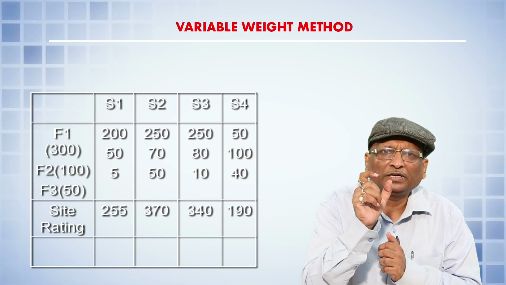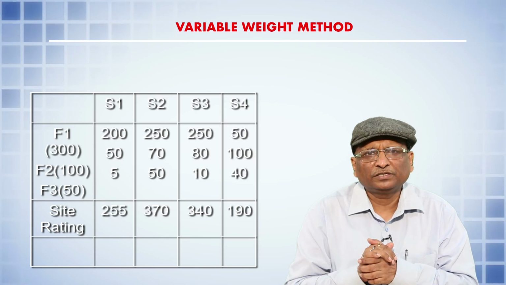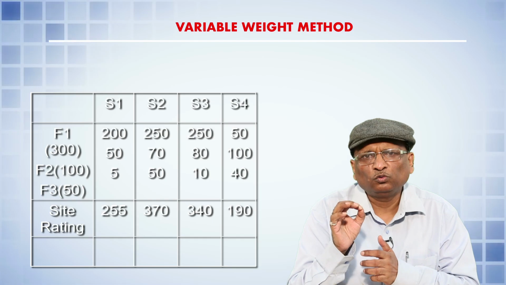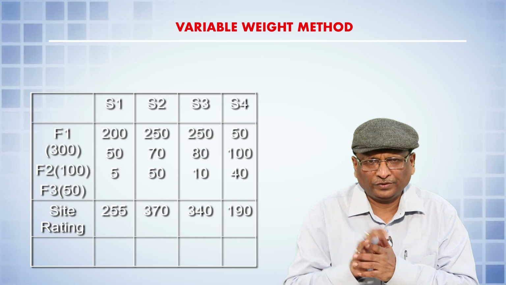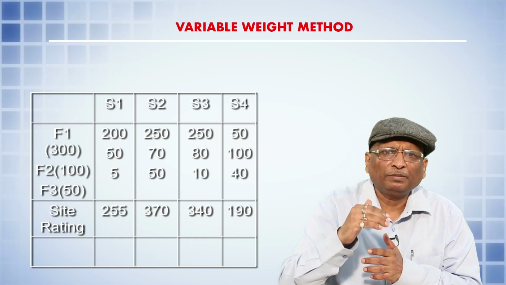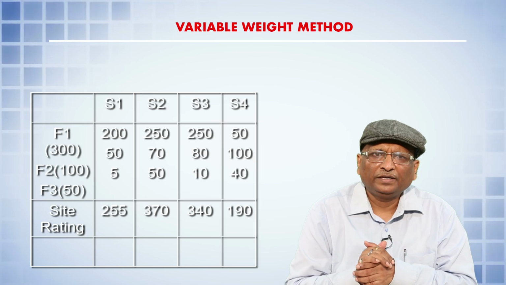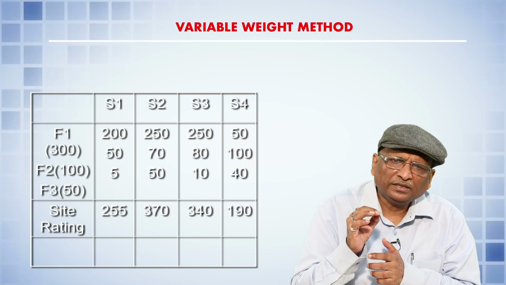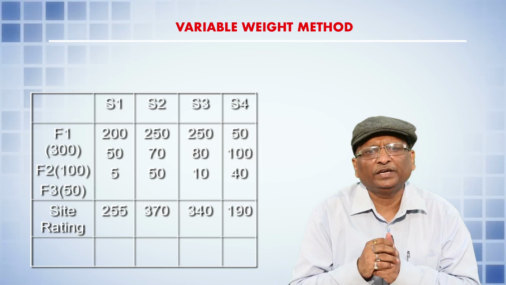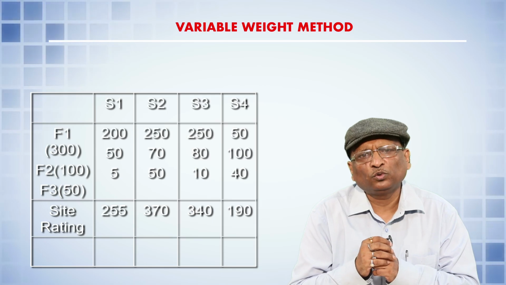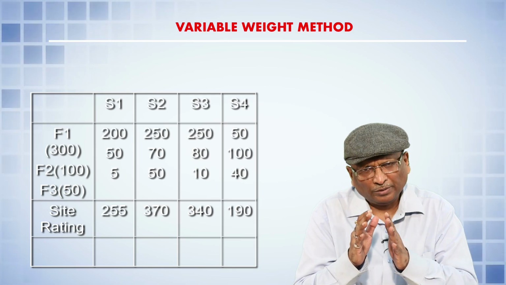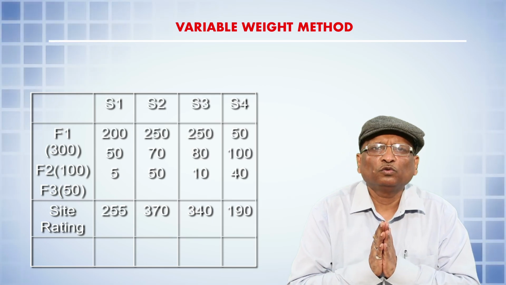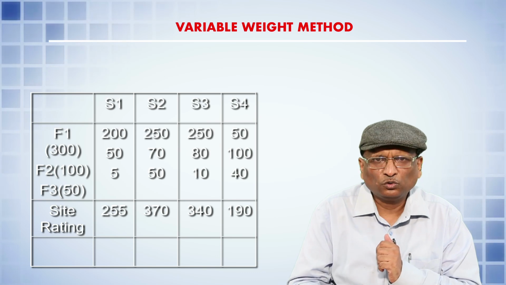So, the total sum will come for site 1 is 200, site 2 250, 250 and 50. Now, if you sum up, you will find that now site 2 is in a better position and scoring the highest among all the sites. So, we will go for site 2.